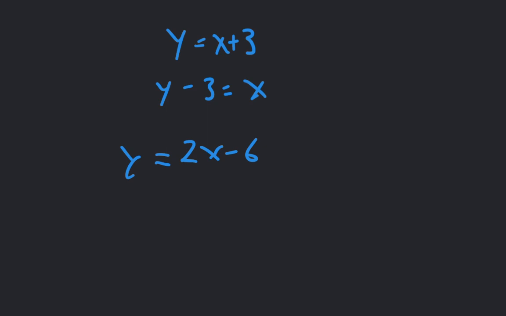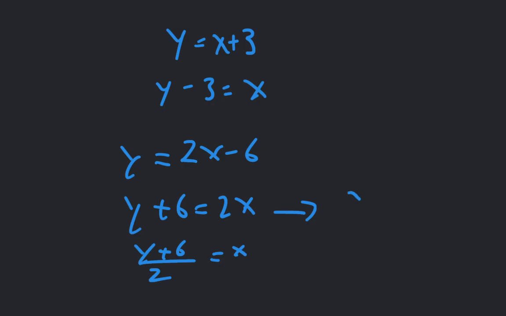We solve for x, so we want to isolate for x. Just add 6 and then just divide the 2 out. Which gives y over 2 plus 3 is equal to x.